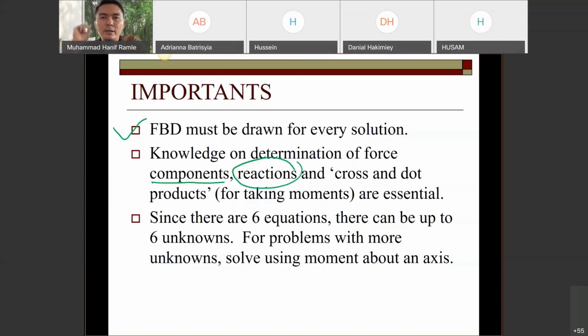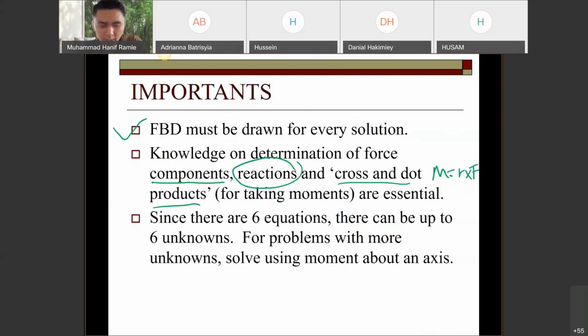How many directions are involved in the system for the reaction? And then cross and dot product. Which one do we want to use? Is it cross or dot product for taking moment? Make sure the moment you are calculating uses cross product for 3D, r cross F.